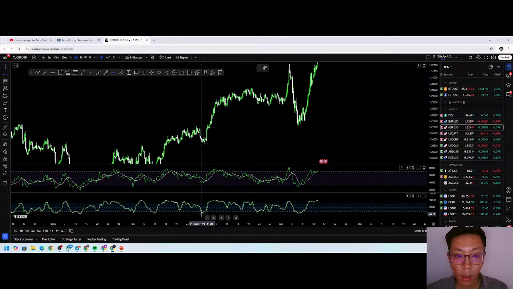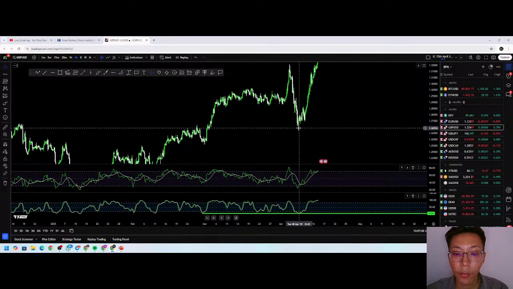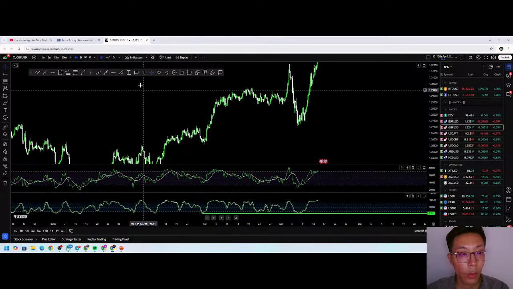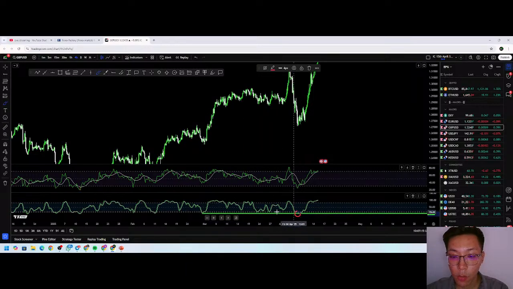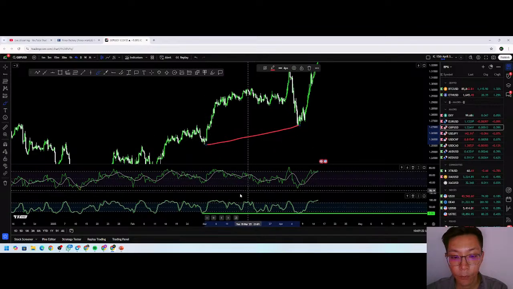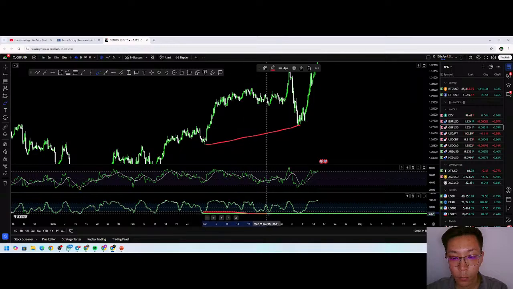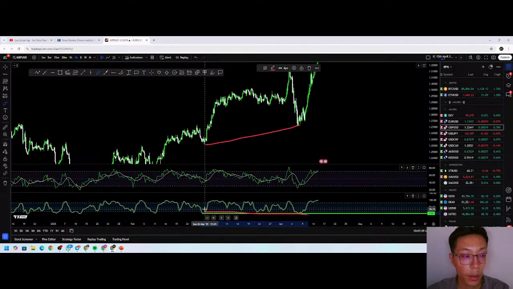This level over here is our hidden support. Then we have this, you can't really see it clearly, but this is a level that is lower than this point. Then we have bullish divergence. So we have bullish divergence over here, plus we have hidden support for our stochastic.